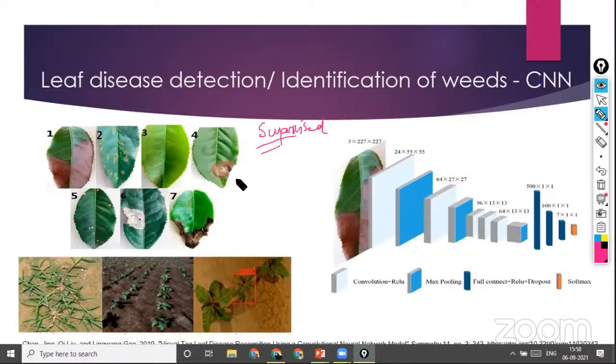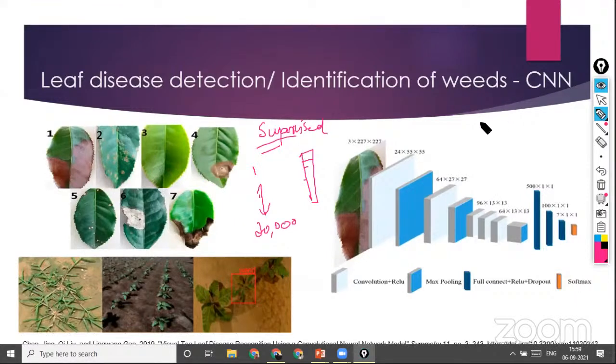Say you have 20,000 images, for example, of this leaf disease data set. You also have the corresponding labels for each image, like the type of disease. Assume that the type of disease is encoded like 1, 2, 3, 4, 5, 6, 7, the different types of diseases.